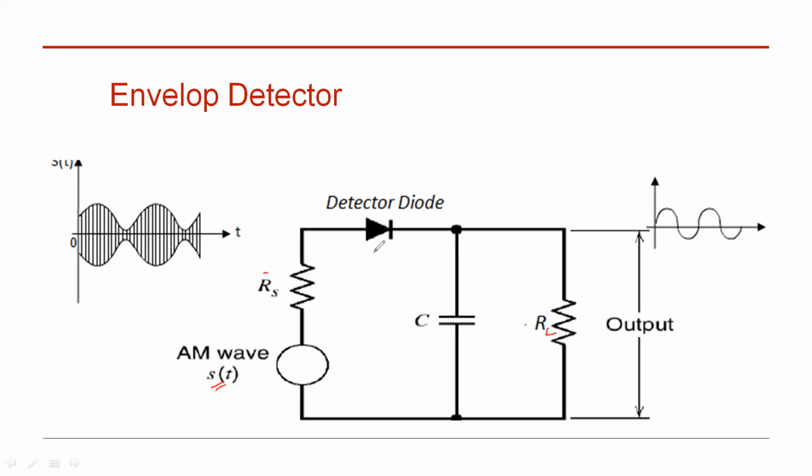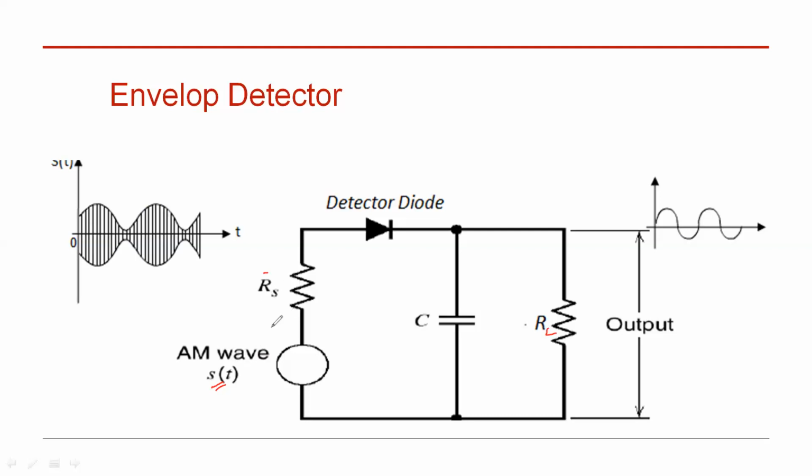Depending on the switching action of the diode, that means depending upon whether the diode is forward biased or reverse biased, the forward and reverse biasing of the diode depends upon the input signal s(t), which is nothing but the amplitude modulated wave.